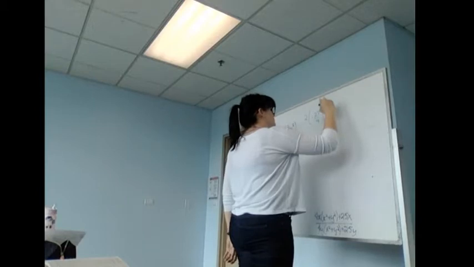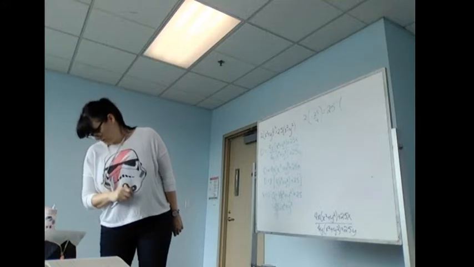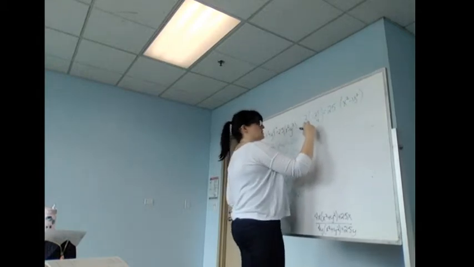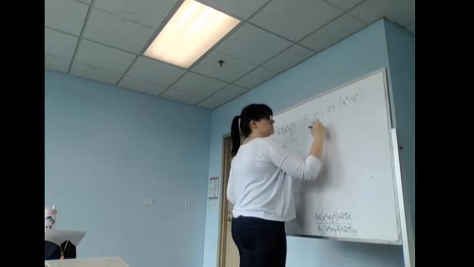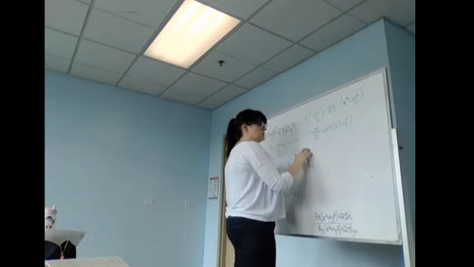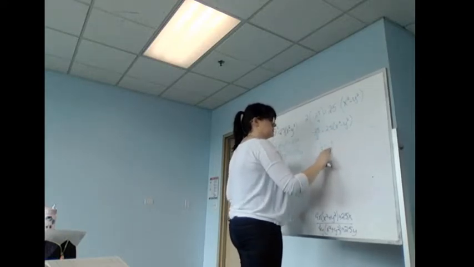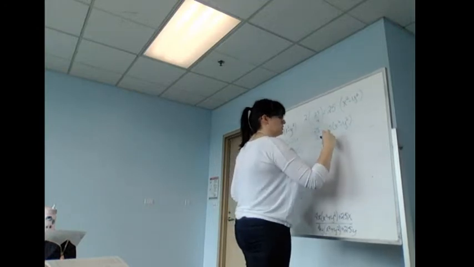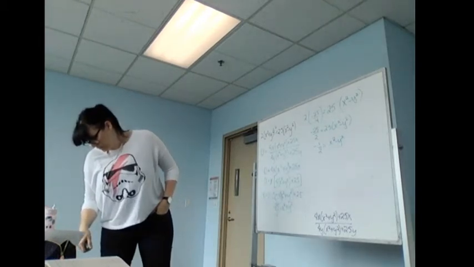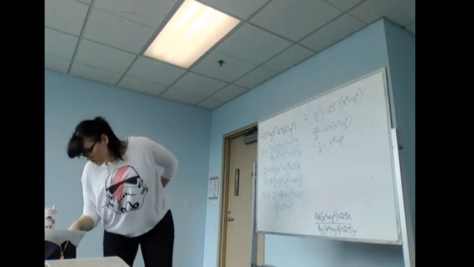Equals 25 times, where did I get x squared minus y squared? I left it. X squared minus y squared. So then negative 25 over 2 equals 25 times x squared minus y squared. Divide both sides by 25. Negative 1/2 equals x squared minus y squared. Oh, I got 25/8. Did I get 25/8? Oh, wait.